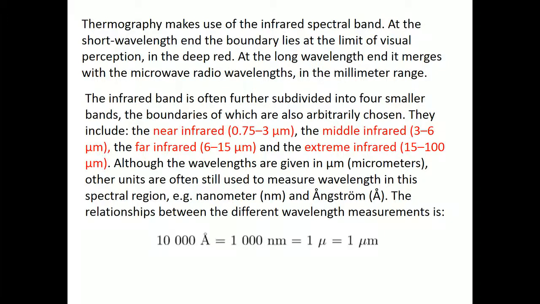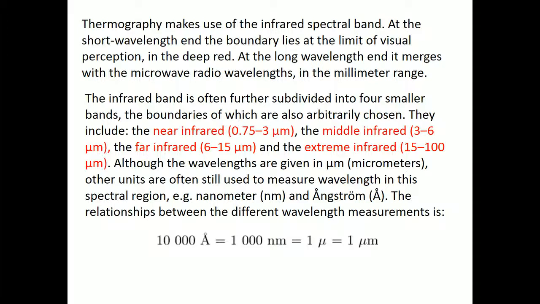Near infrared is 0.75 to 3 micron, where some tunable diode laser based spectroscopies are carried out. The middle infrared is between 3 to 6 microns. Far infrared is 6 to 15 microns, and extreme infrared is 15 to hundreds of microns.